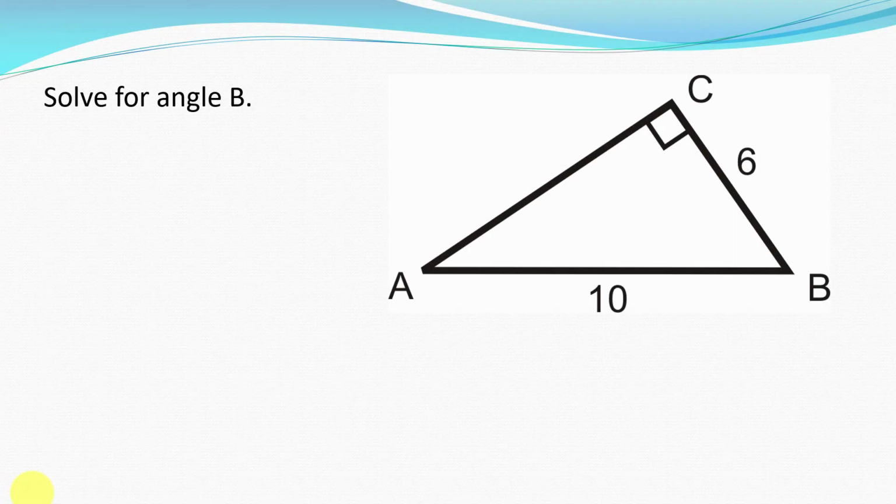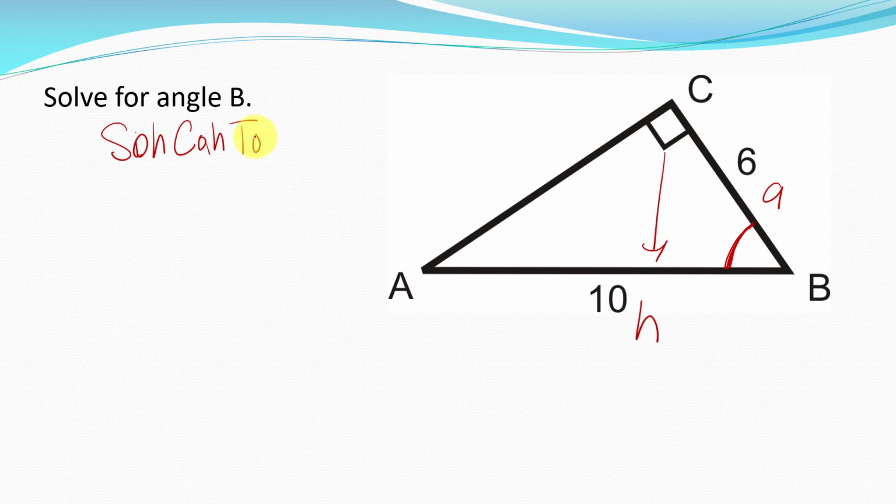All right, one more. Angle B. Solving for this angle, I'm going to label this is the adjacent side, this is the hypotenuse. Who uses adjacent and hypotenuse? CAH, cosine.